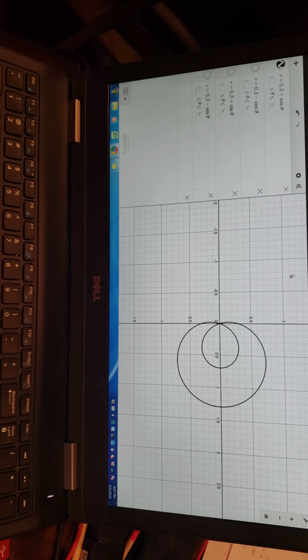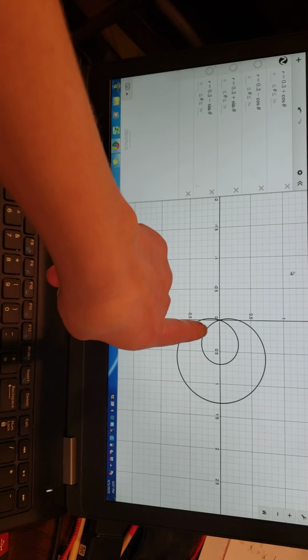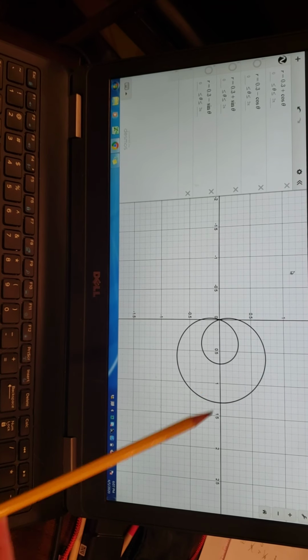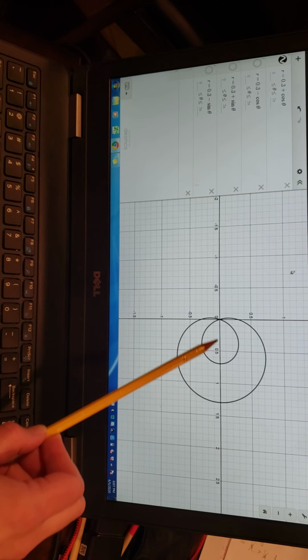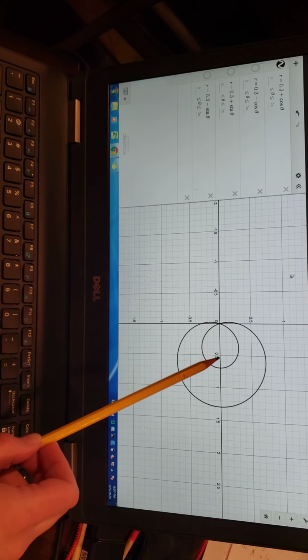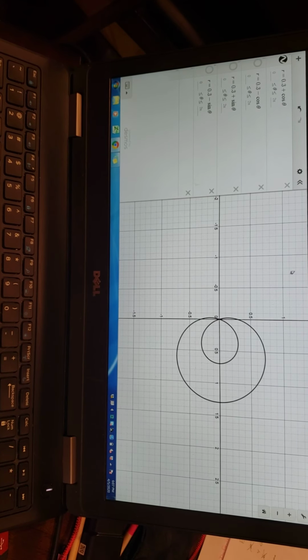Now, we shouldn't be surprised that it opens to the right because cosine is positive. Look at the length of the inner loop. Okay, here's the length of the inner loop. If you zoom in enough, you'll be able to see that the length is 0.7.